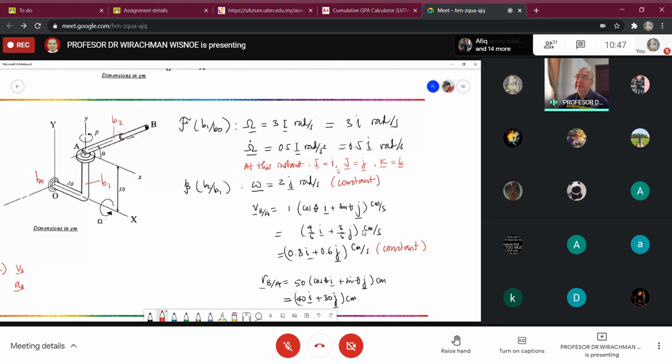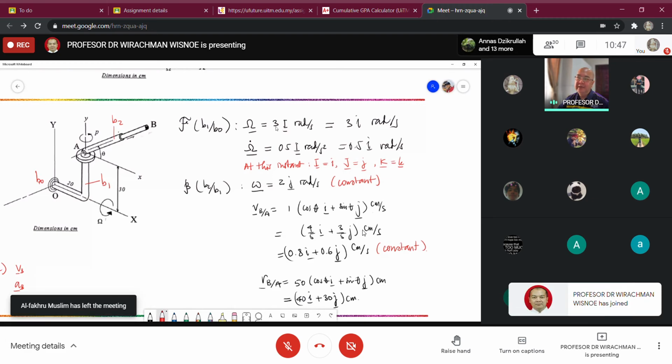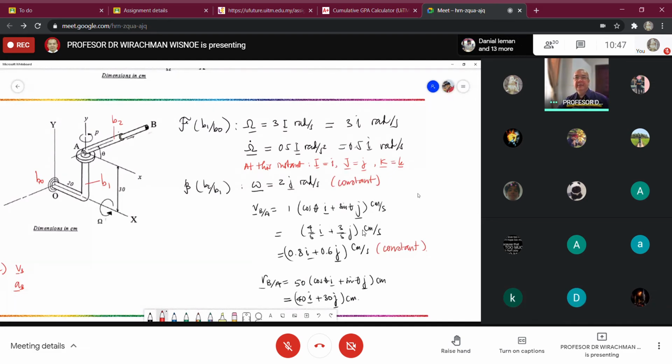After you write this one, you can say that 3 capital I is equal to 3 small i. You see, the step to be able to write this is by showing the diagram and by telling this one. According to Jiramlan, he will give marks on that. So I will give marks on that as well. Okay.